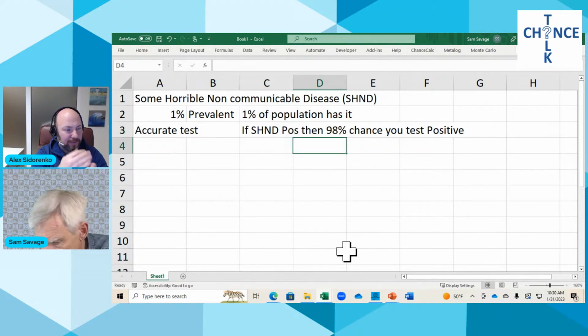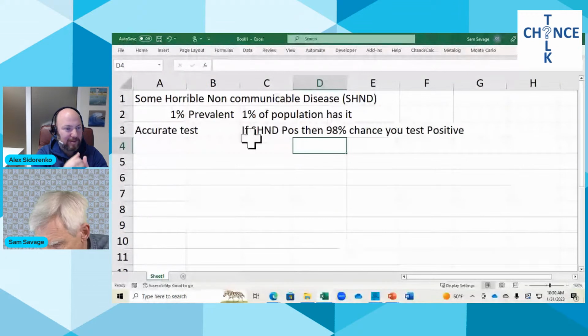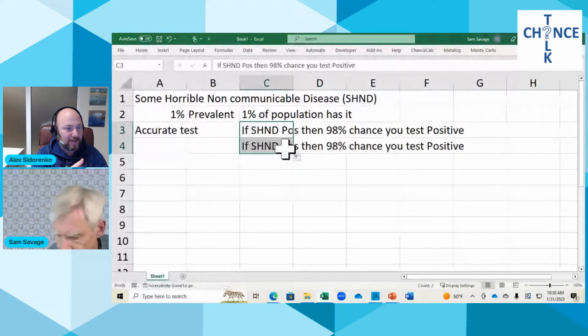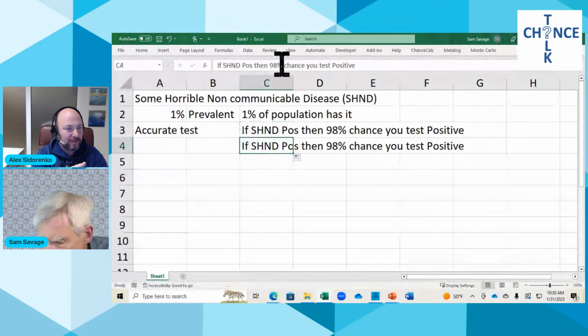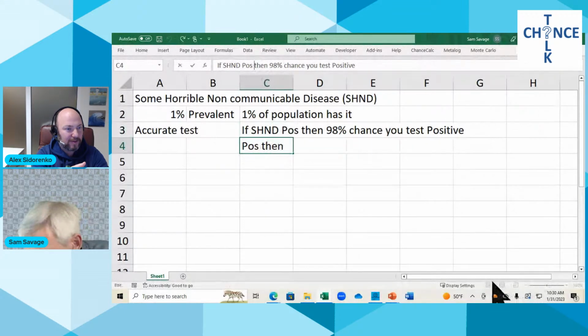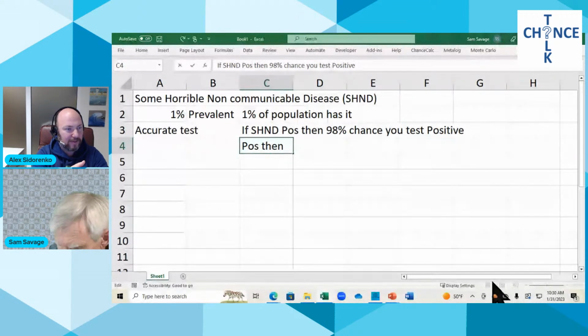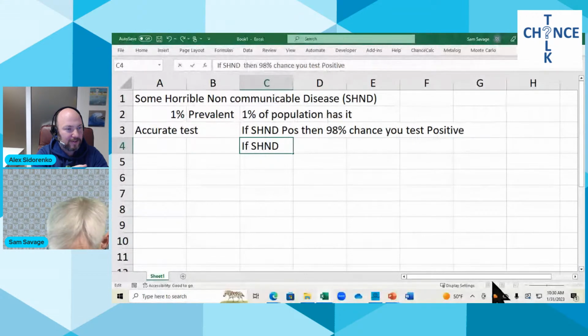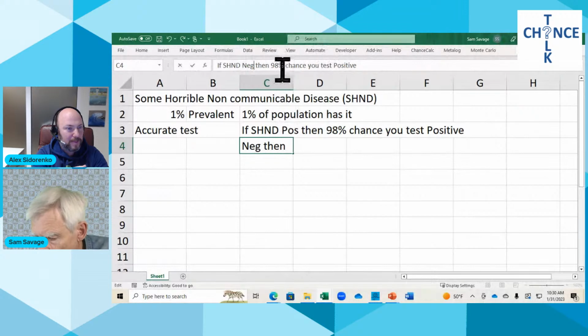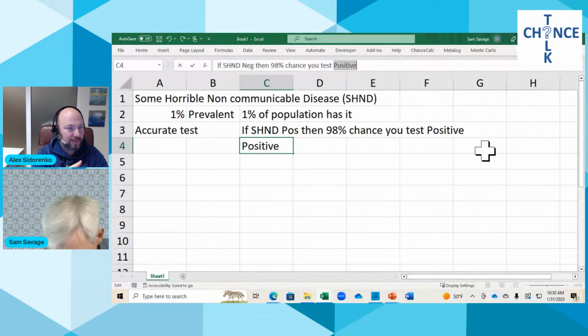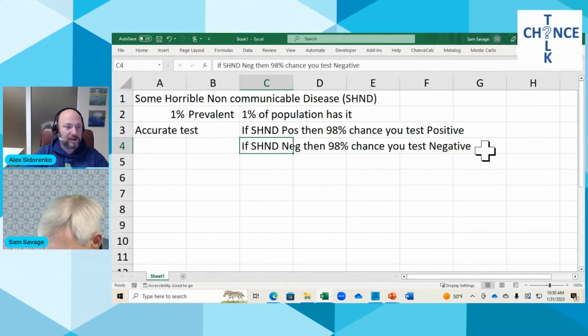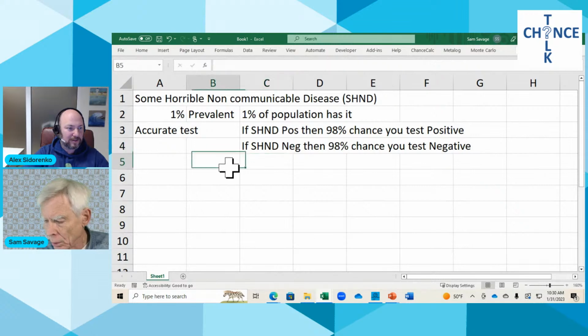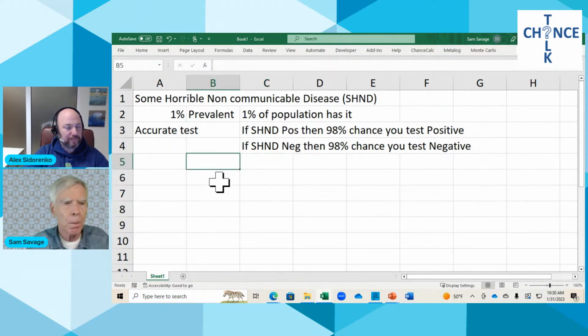And if you are SHND negative, then there's a 98% chance you test negative.